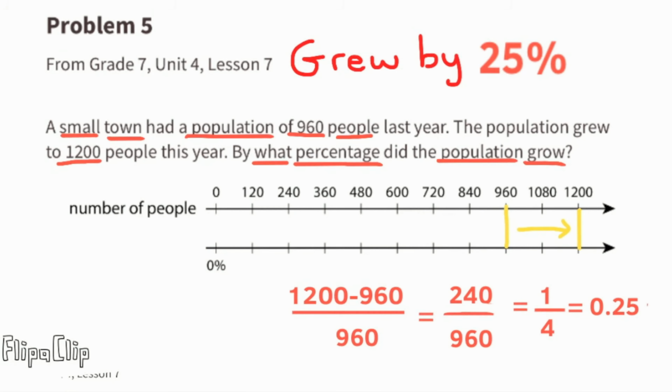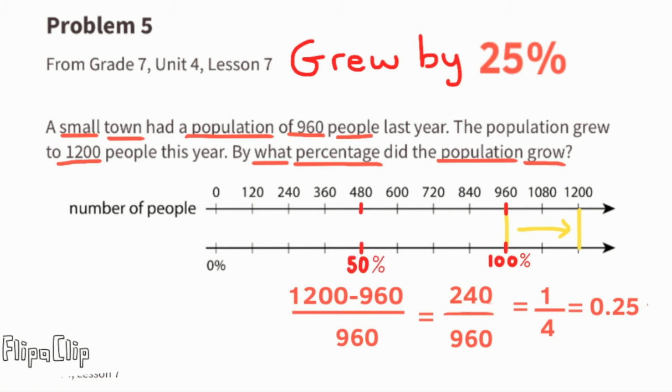We know that 100% of the population was 960. So we can find 960, and then underneath it we can write 100%. 50% of 960 would be 480, so we can find 480, and underneath that we can write 50%.